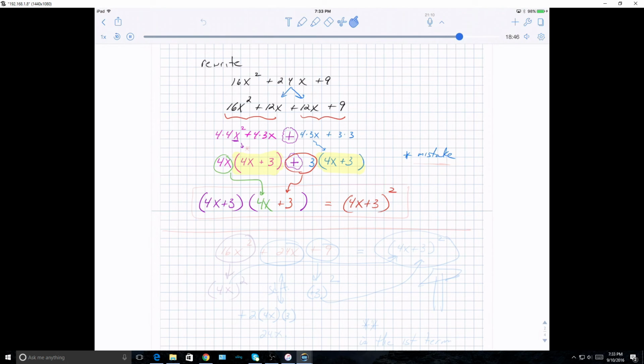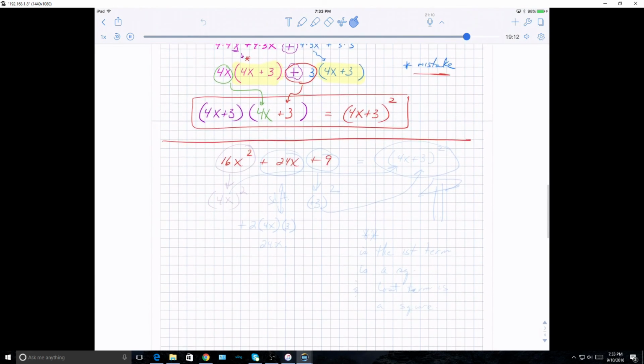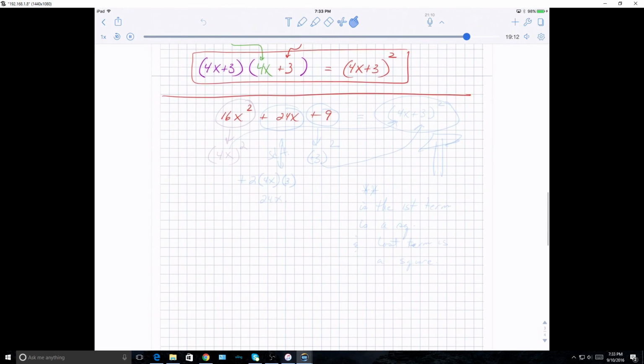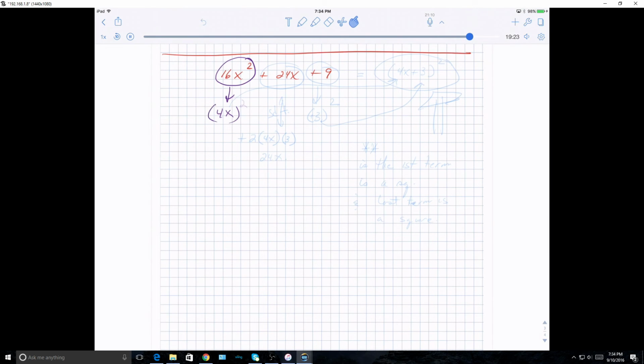So sorry about that little mistake there that we had, which was right here. So I'll make note so I don't make that again. But I'm hoping that you see that pattern that we've been building. Do you see in the original problem here, if I rewrite the original problem, 16x squared plus 24x plus 9, and if you notice this, that this is really 4x all what?